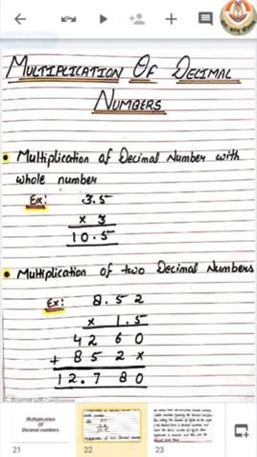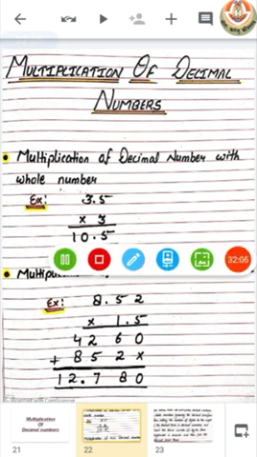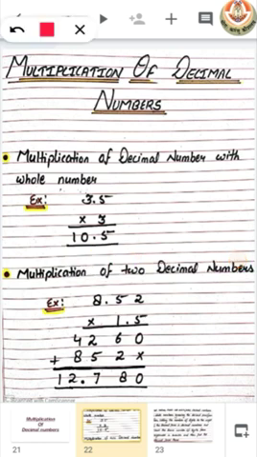For multiplication of a decimal number with a whole number, we just have to multiply both the numbers as whole numbers, and then place the decimal according to the total number of digits after the decimal in both the numbers.